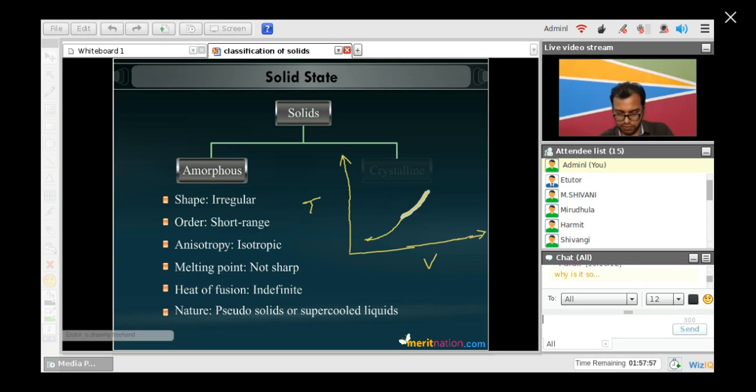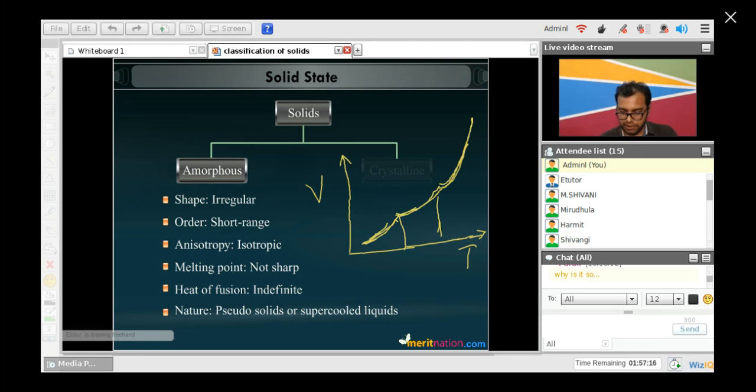Sorry, just give me a second. Let's represent the temperature on one axis and volume on the other axis. As you increase the temperature, the volume rises, and after a certain temperature there is a sharp rise, right? So this is how the graph looks in case of an amorphous solid, right?